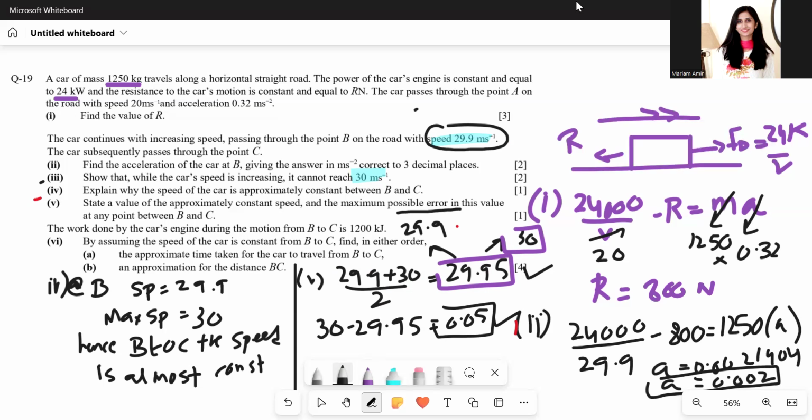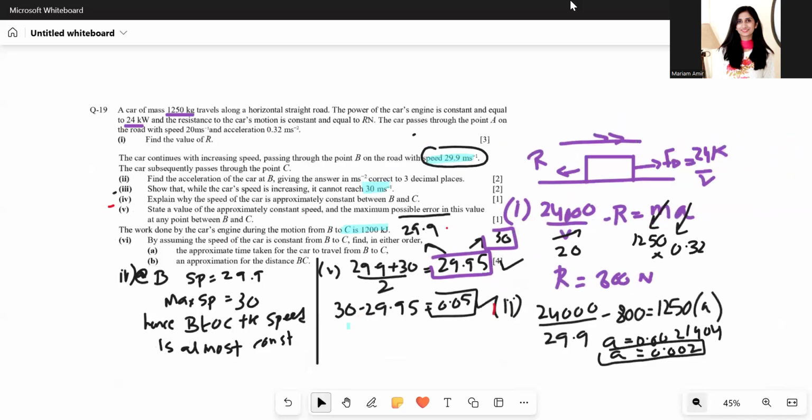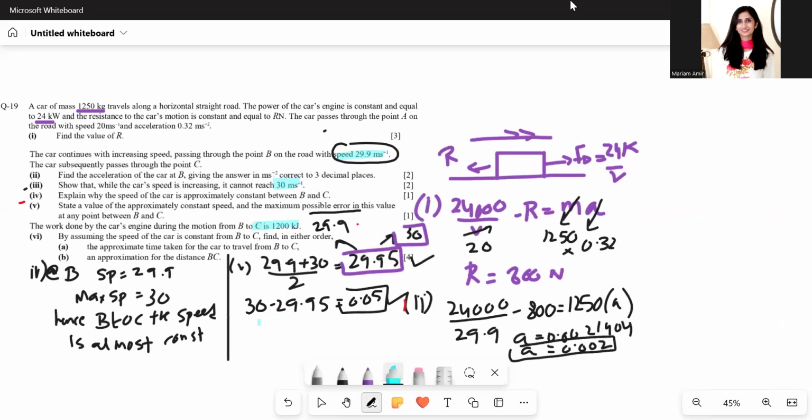The work done by the car engine during the motion from B to C is 1,200,000 joules, 1,200 kilojoules. By assuming the speed of the car is constant from B to C, find, in either order, the approximate time taken for the car to move from B to C. We know the formula for power, work, and time. Power is equal to work over time.